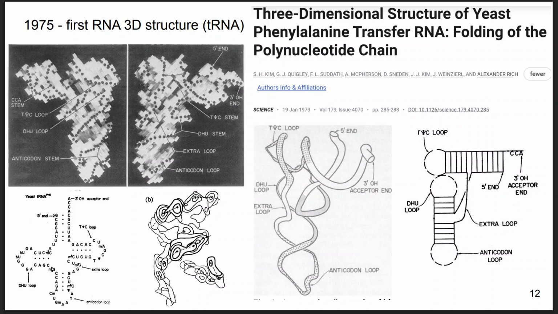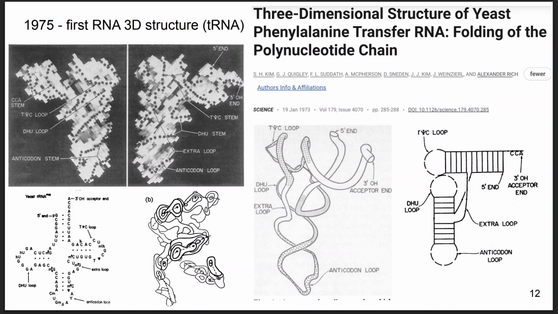This is the density map that was resolved using crystallography. This is the backbone trace, the backbone skeleton of the molecule. These are all the phosphates and riboses of the consecutive nucleotides connected to each other, without showing the bases.